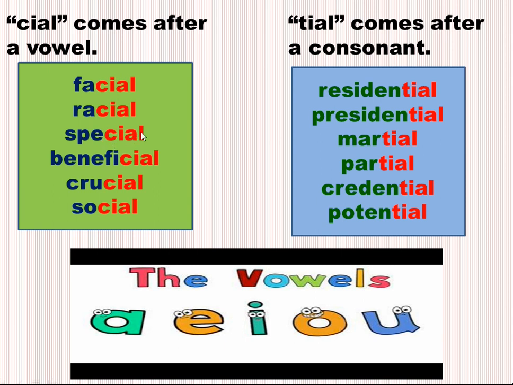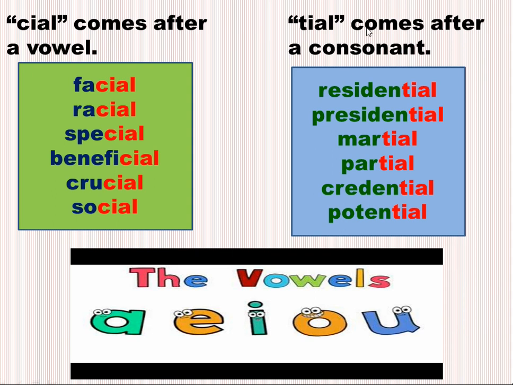We can't write tial here. If we write tial here, the word is a wrong one. Beneficial, I is a vowel, so that's cial. Crucial, U is a vowel, so cial. Social, as O is a vowel, we just write cial here.